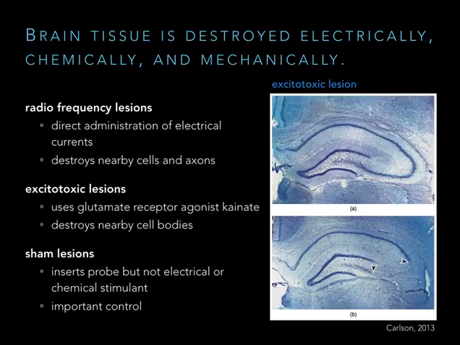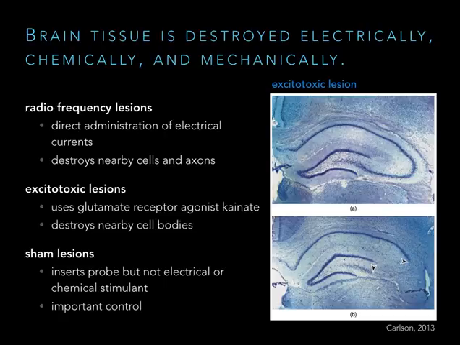You're going to stimulate any cells, any cell bodies, or any axons that are in the region of your probe. And what's done here is you generate enough of an electrical current that it hyperexcites the neurons and causes them to die. So you can do this with electricity.